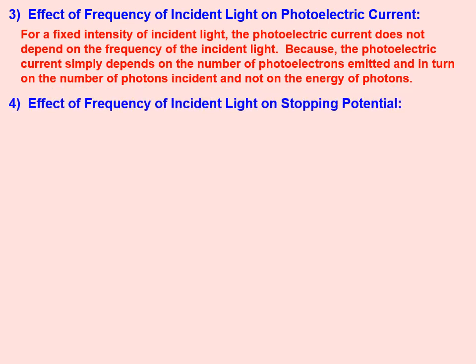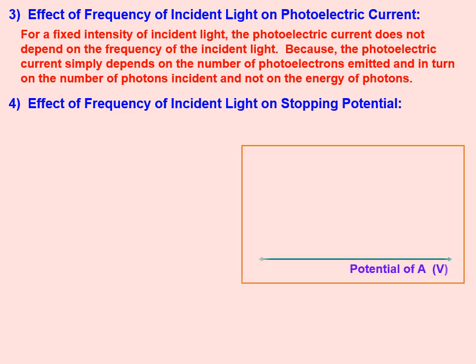Now the effect of frequency of incident light on stopping potential. For this we have to again make a plot. We will take the potential of plate A on the x-axis and photoelectric current on the y-axis. We will get this kind of shape when we make a plot.